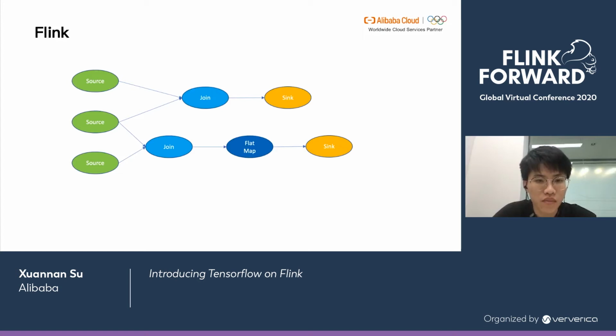Now that we have reviewed the topology of a Flink job, and we have seen the architecture of a machine learning cluster, or a TensorFlow cluster, we can now talk about how we are going to combine the operators in a Flink job with the components of the TensorFlow cluster.